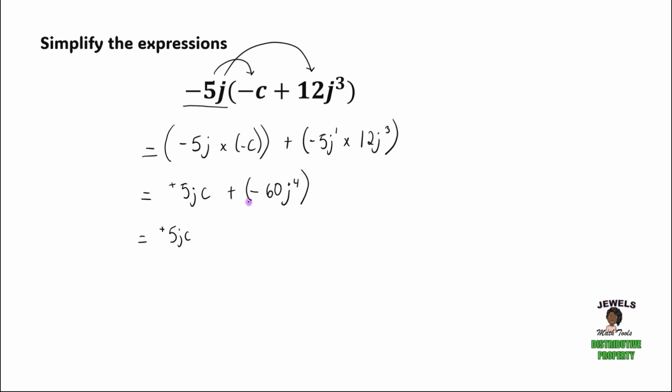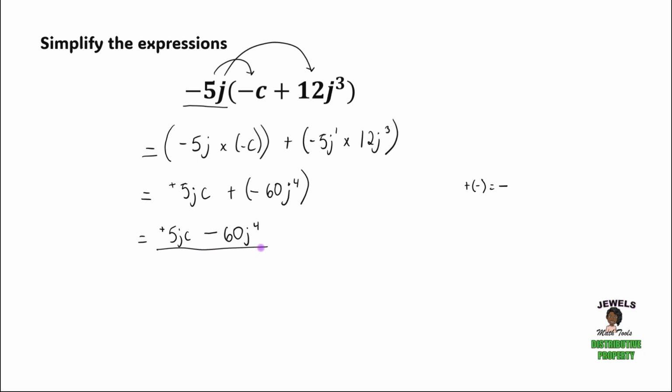Now, in our rules for integers, we know that whenever a positive is being multiplied to a negative, this will give us a negative. So that means that we're now going to convert these two signs into one sign and make it a minus or a negative sign. And we're going to return back our 60, our j, and to the 4. And this will be our solution in its simplest form.